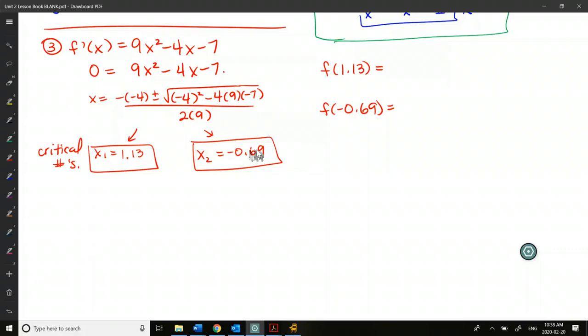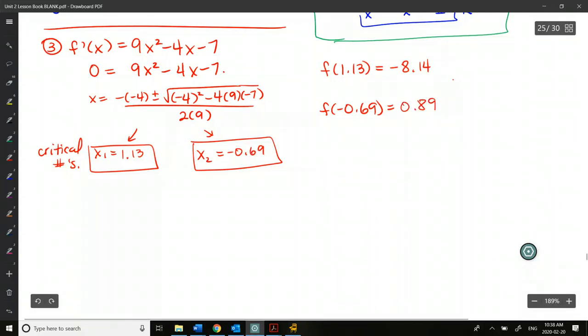Okay, what did we get here? Anyone? Negative 8.14. And I got 0.89. Okay, did everybody else get these numbers?